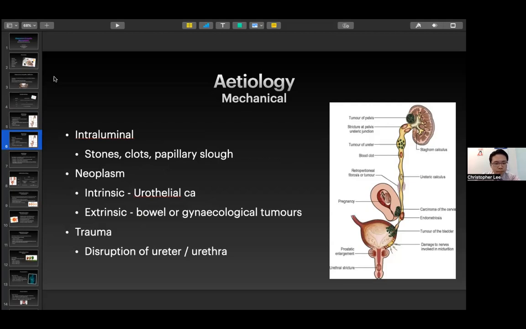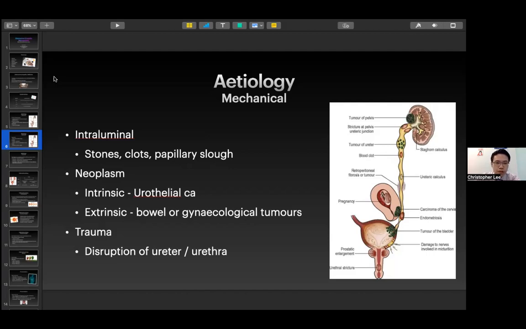Neoplasms could be intrinsic, for example, urothelial carcinoma, and they could also be extrinsic, meaning a malignancy of a nearby structure, for example, the bowel or the gynecological organs, is causing compression to the urinary tract. The last cause is trauma.